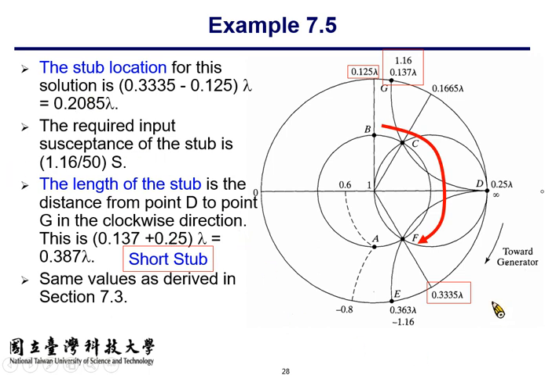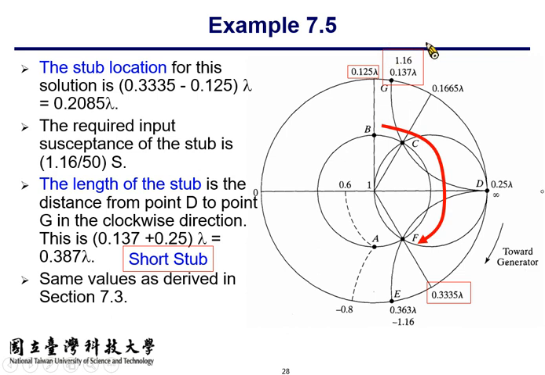And at position F, its admittance is 1 minus J 1.16. Therefore, to move from point F to O, you will need to connect in shunt a stop that provides a susceptance of positive 1.16.